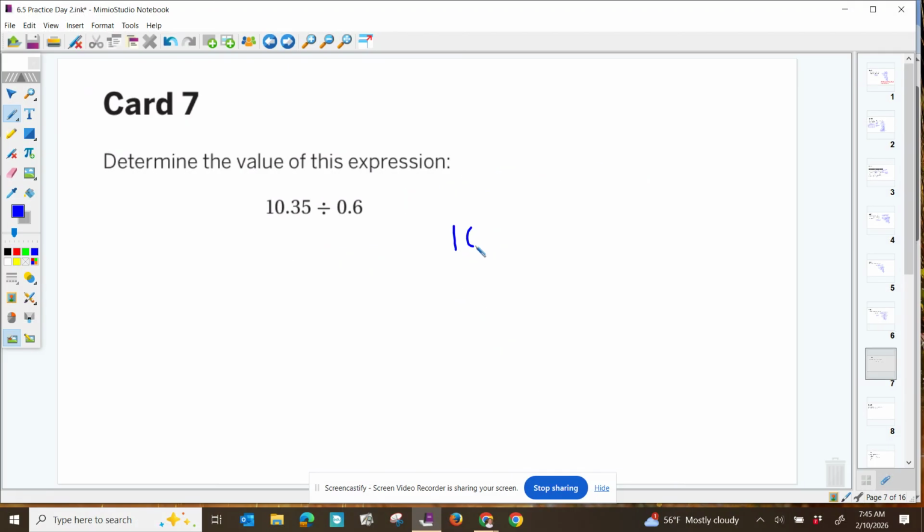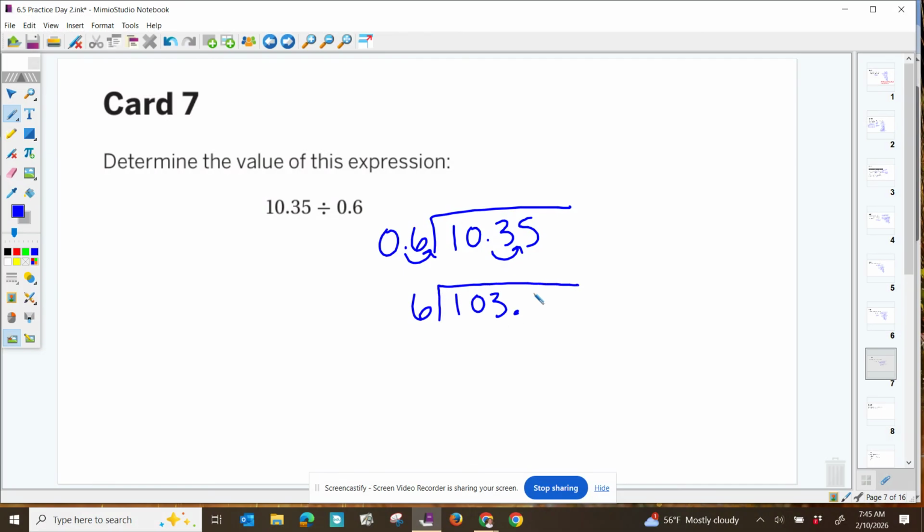Number 7. The first number goes in the house. The divisor's at the door. Move it 1 spot, move it 1 spot. This becomes 6, going into 103.5. 6 doesn't end in a 5. There's no number multiplied by 6 that's going to end in a 5. So I know I need to go out at least 1 decimal place.